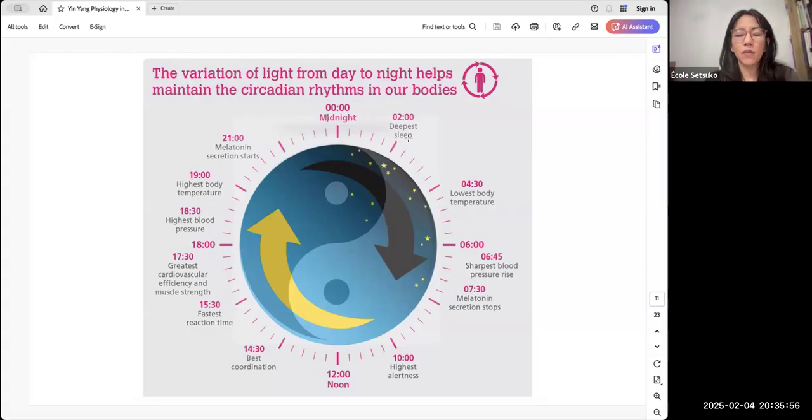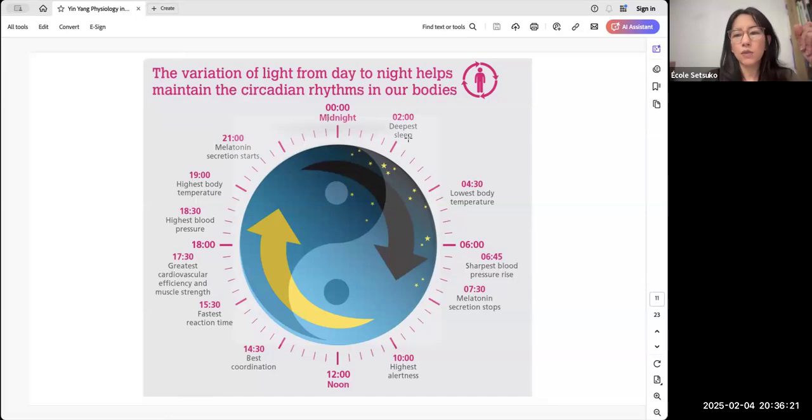Around 6, 7 a.m., the sun starts to rise. It's a nice time to wake up. This is when our blood pressure starts to kick in and activate. Melatonin secretion stops. 10 a.m., according to this, is when we're alert and ready for our day. Coordination is really active around the afternoon.